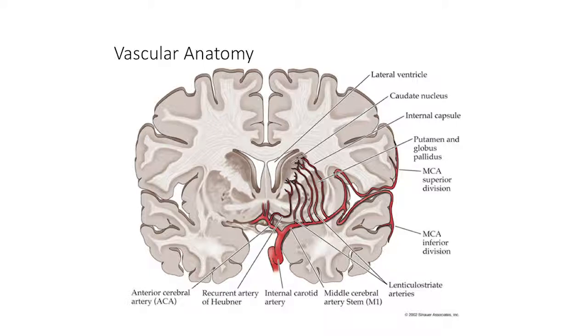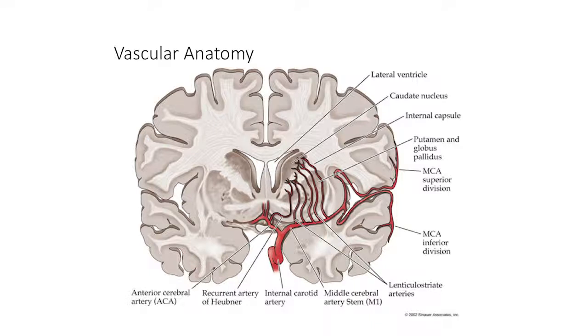And remember, the MCA divides into a superior and an inferior portion. The superior supplies the superior temporal regions and part of the frontal, and then the inferior supplies the inferior portion of the temporal.